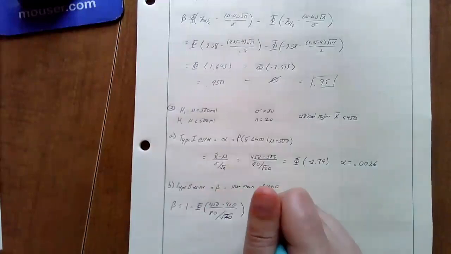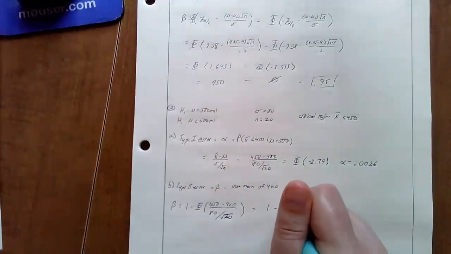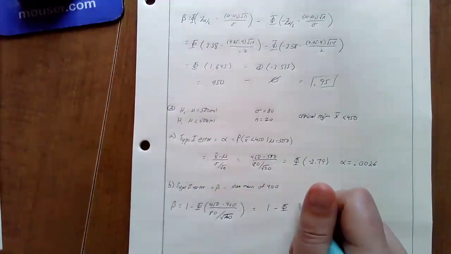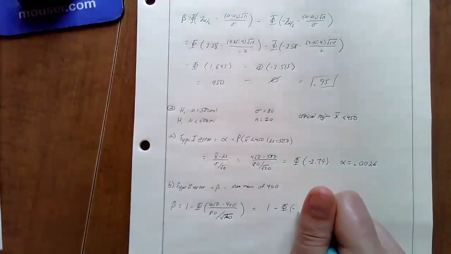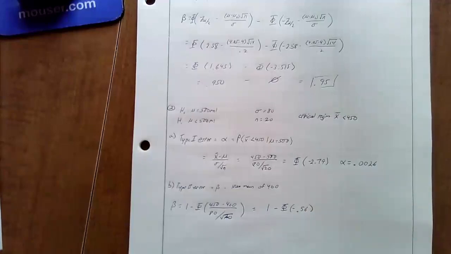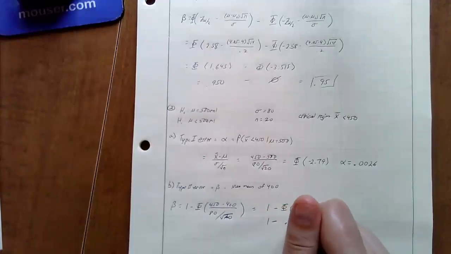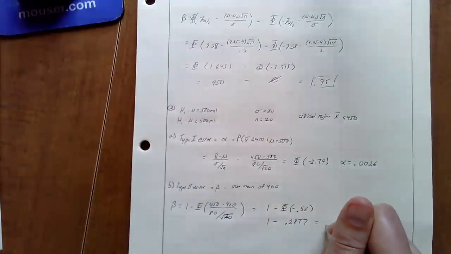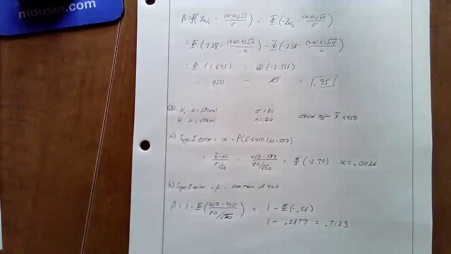That is equal to 1 minus the test statistic of negative 0.56. I look that up in my table and I get 1 minus 0.2877, which is equal to 0.7123. So our likelihood of accepting a sample when we have a true mean of 460 and that sample mean was 450, our type 2 error there, is 0.7123.